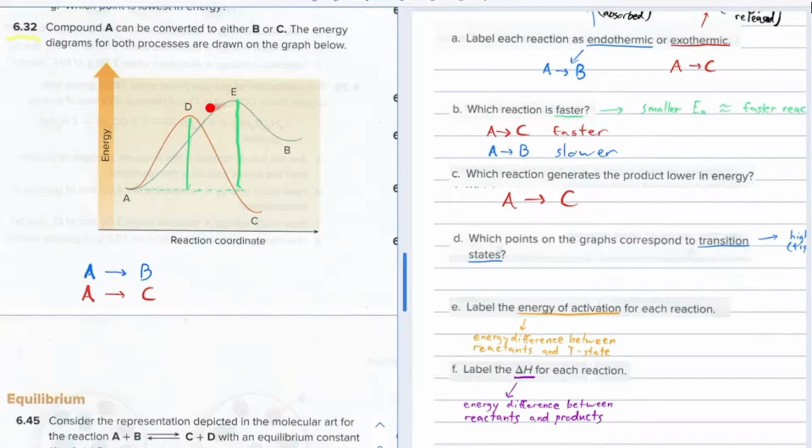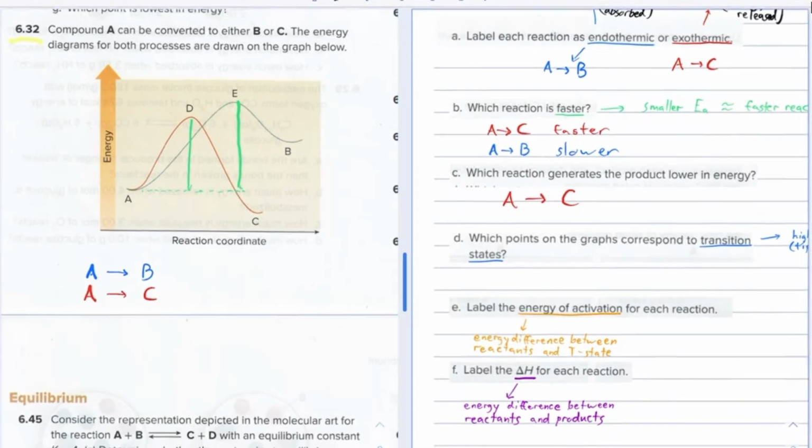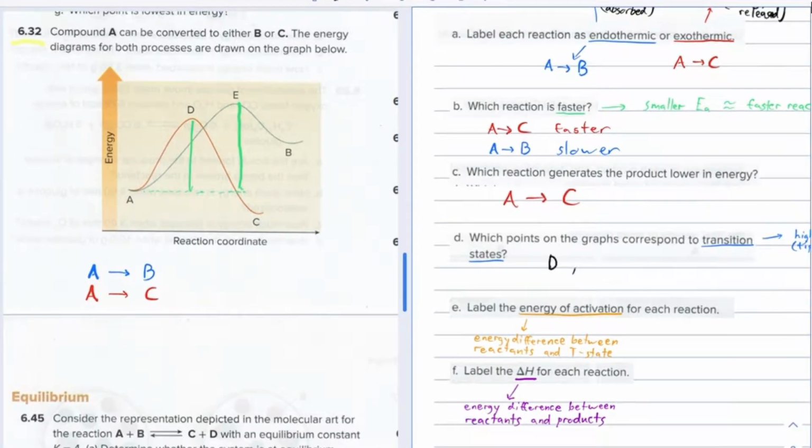Okay, what the transition state is, it's kind of like what the molecules look like as they've become distorted, as much as they can possibly get before they start forming the new stable molecules. So the transition states are very unstable structures. So here are the two transition states, D and E. So I'll write D and E.